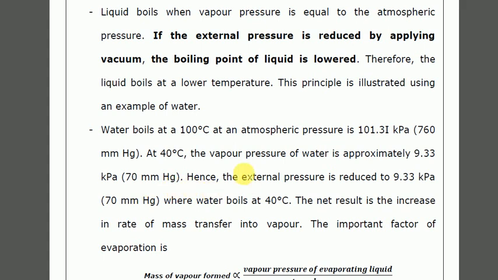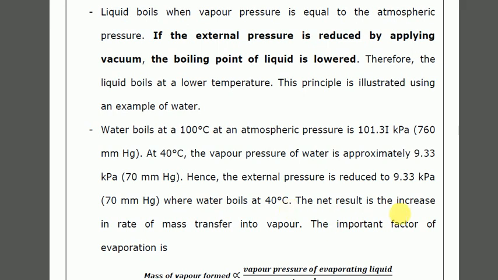Hence, the external pressure is reduced to 9.33 kilopascal. Okay, because the vapor pressure should be equal to external pressure, that is you can say atmospheric pressure. If these two are the same, then the liquid will start boiling. Correct? Where the water boils at 40 degrees Celsius.